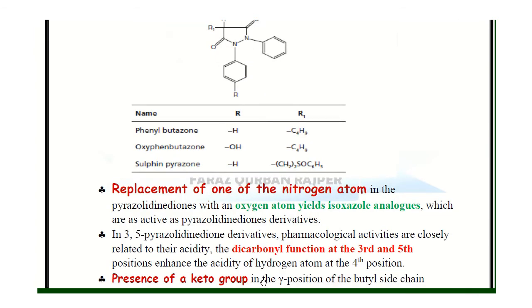In the 3,5-pyrazolidinedione, the pharmacological activity is mainly because of the dicarbonyl system. These dicarbonyl groups are essential in maintaining the acidic character of the drug. That is because of the proton, this hydrogen present at the 4th position.